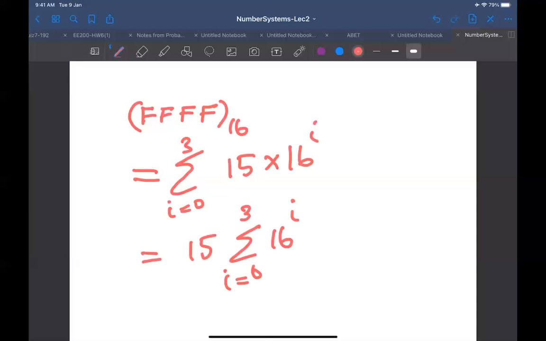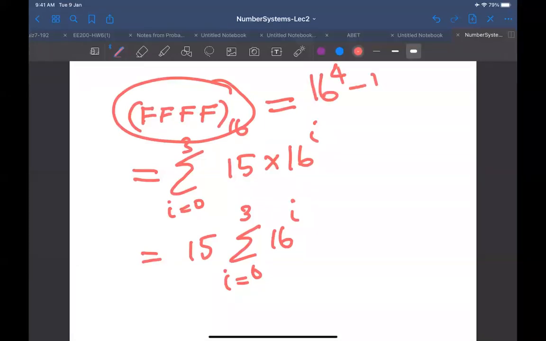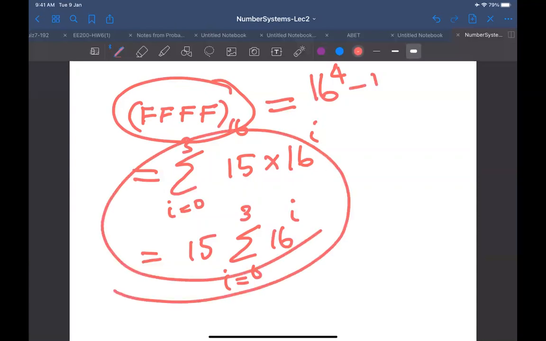Since this is the largest number you can represent in hexadecimal with 4 digits, the shortcut says it's, I'm sorry, not 2, it's the base, which is 16 to the number of digits minus 1. This is the decimal equivalent of this number, and you don't have to go over the conversion process. Okay, there is a shortcut.